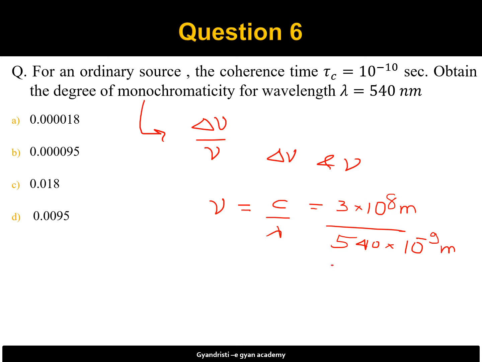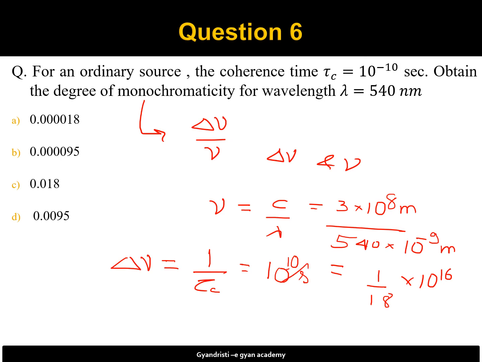So this can be written as 1 by 18 into 10 to power 16. Okay, now let's calculate delta nu. Delta nu is related to the coherence time by the relation 1 upon tau c. So if we substitute, we will get 10 to power 10 per second.